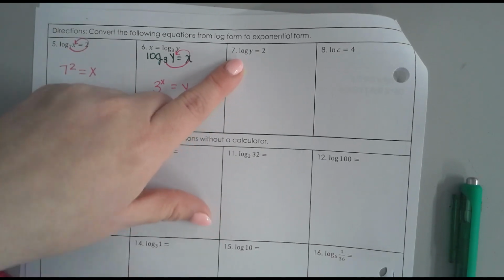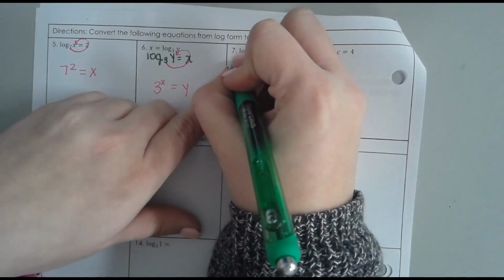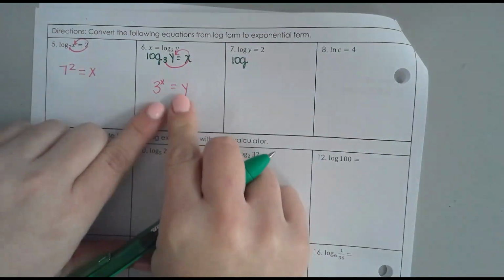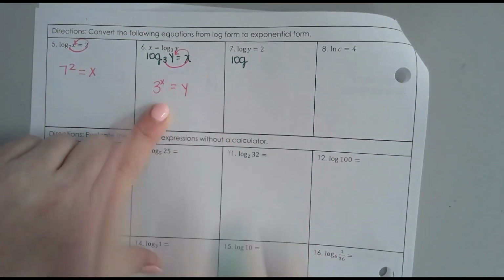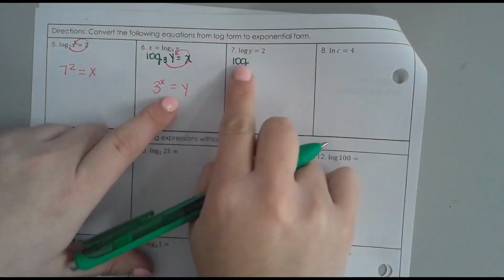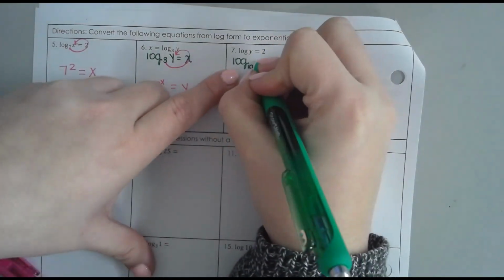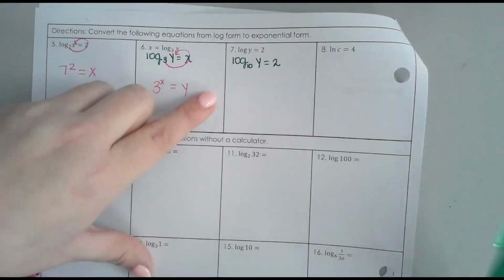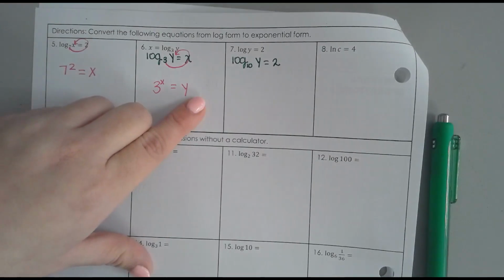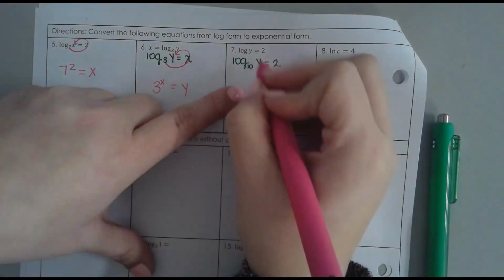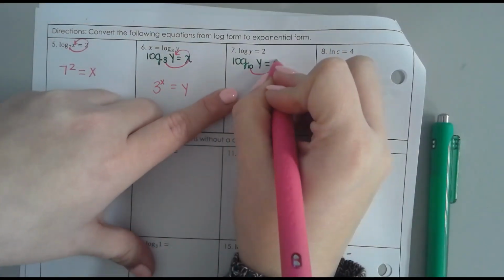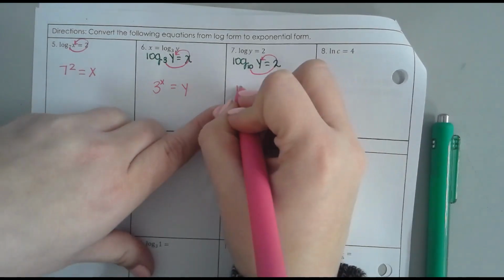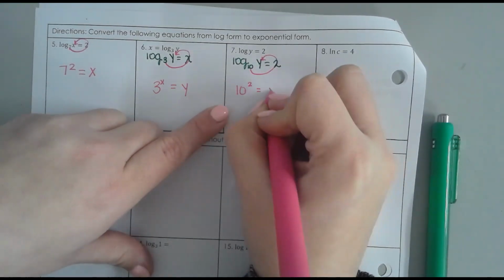Number 7, when you write it in exponential form, you need to know that 10 is there, because that's part of your exponential form. 10 squared equals y.